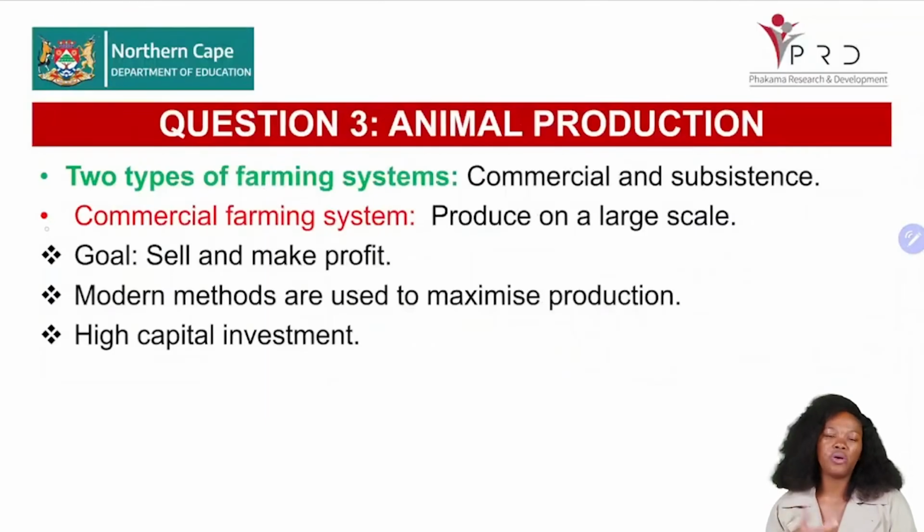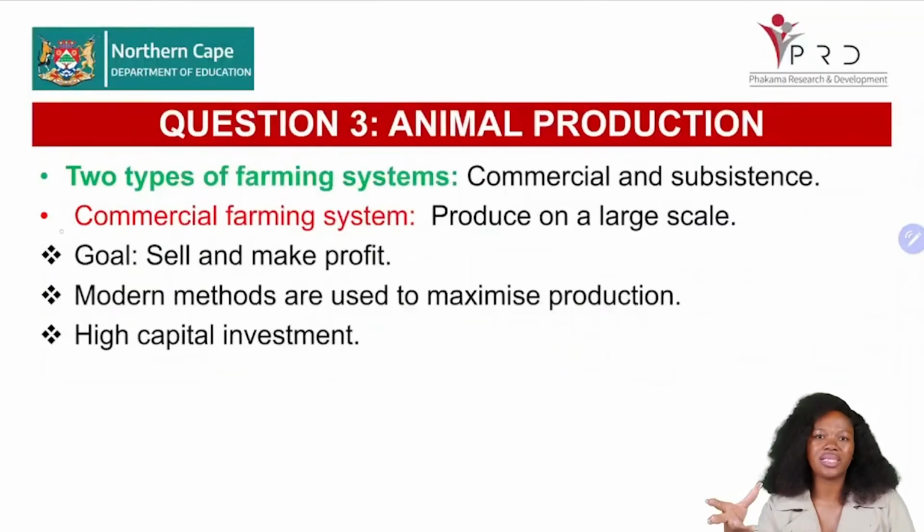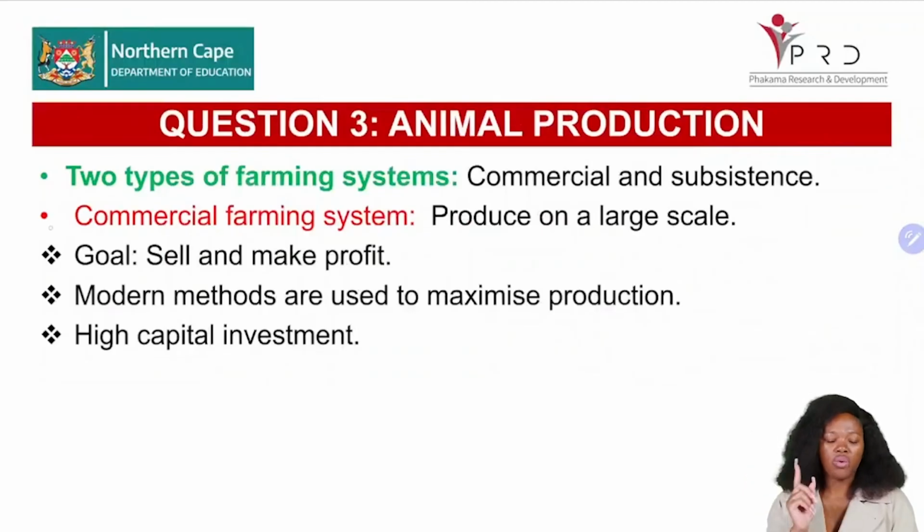Now, in animal production, you need to understand and be reminded that we are dealing with different farmers raising farm animals for different reasons or for different goals. They have different goals in mind, right?